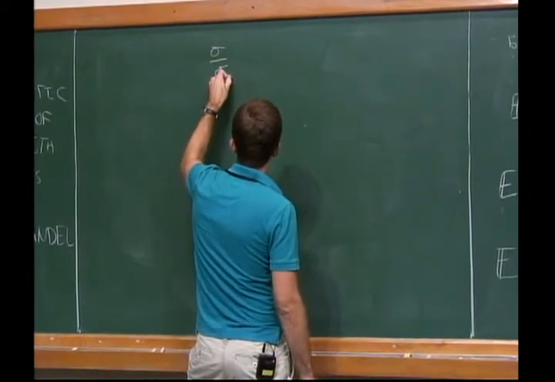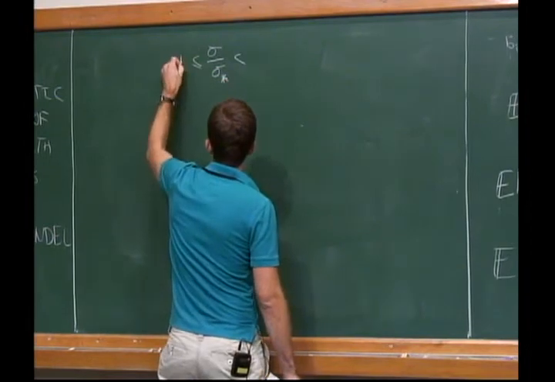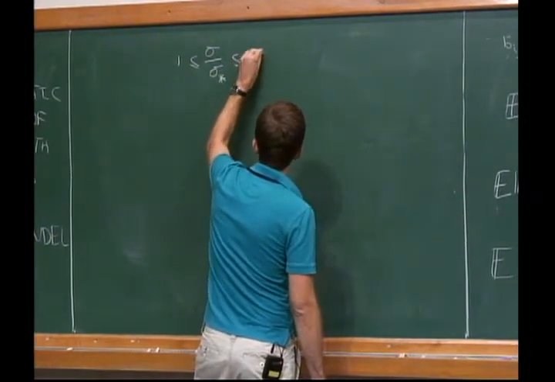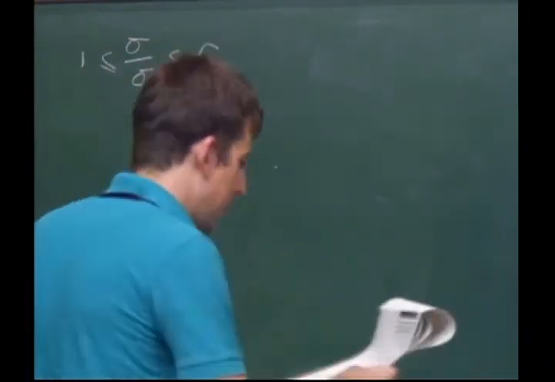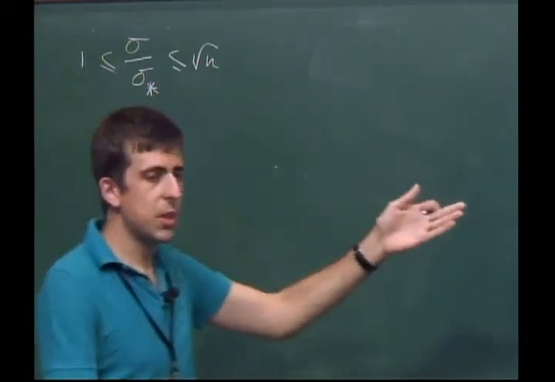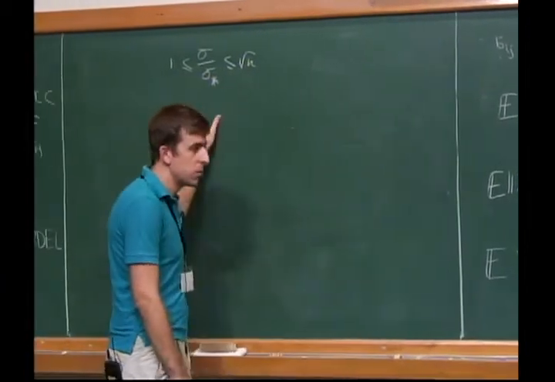So sigma over sigma star is bounded below by 1 and above by square root n. And so essentially non-commutative Khintchine and Gordon are the two extremes of these.